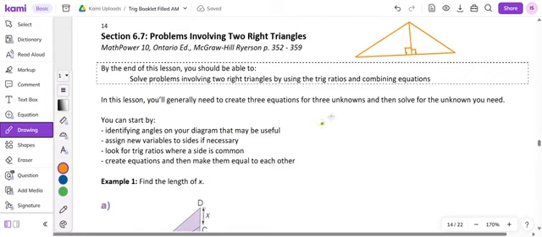So the goal is we always want to find what both triangles share. An angle, a side.